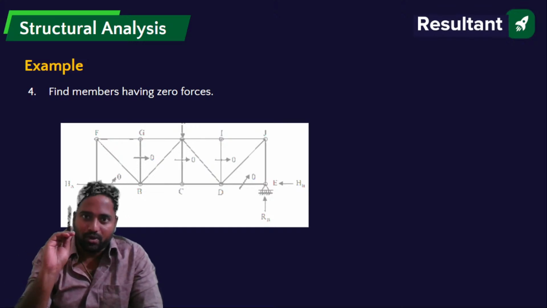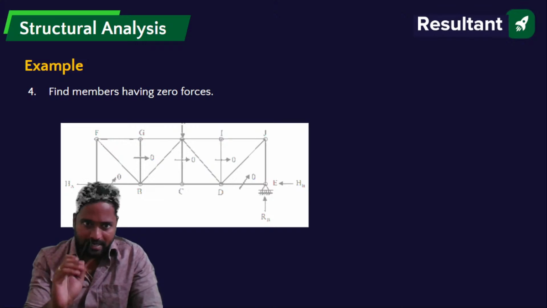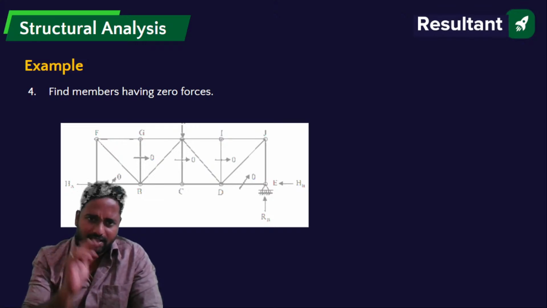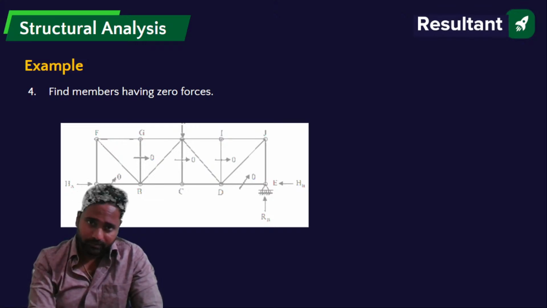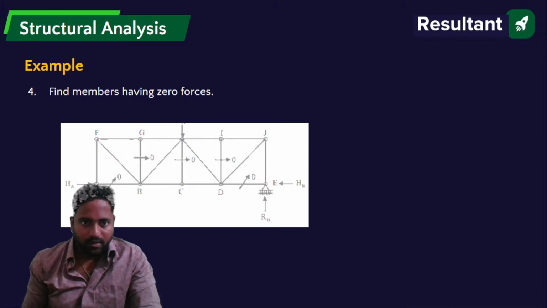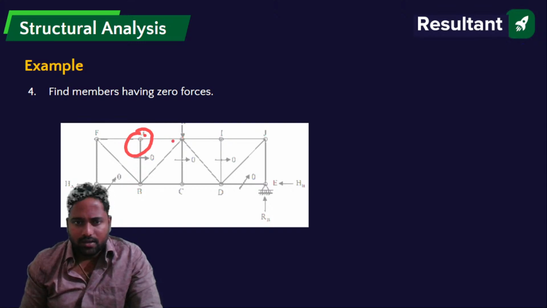So first point, three members are meeting at a joint. See, where are the three members meeting at a joint? If you see joint G, three members are meeting at this joint.